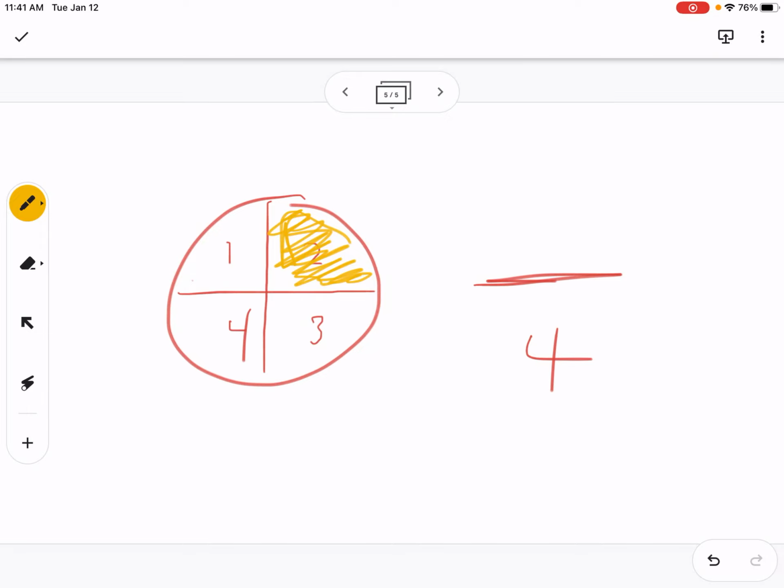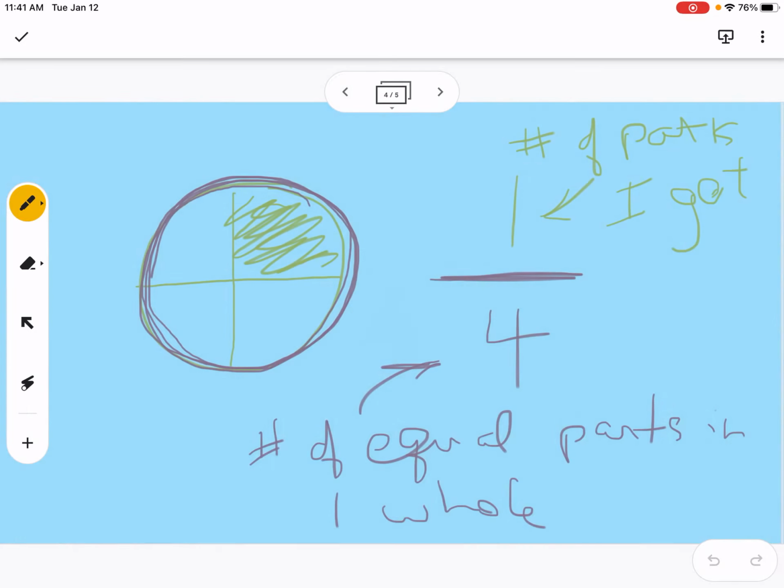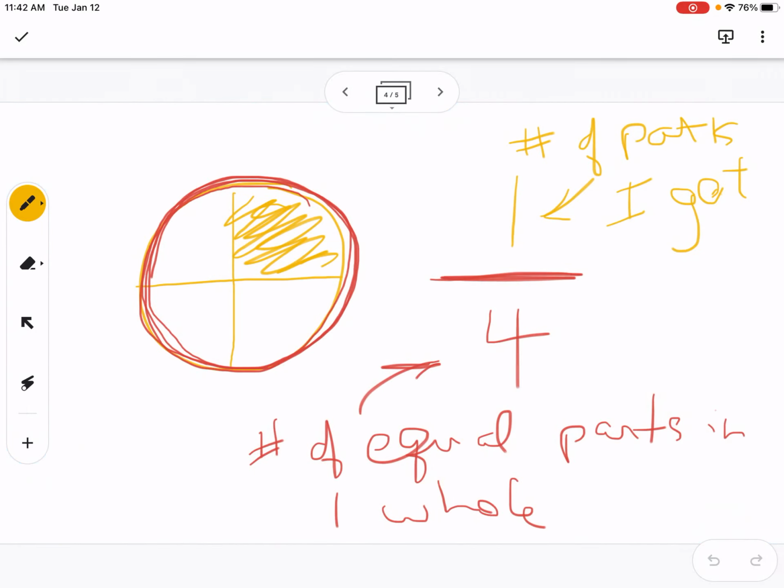Now, on the previous slide, I asked the question, how much of the pizza, or in other words, what fraction of the whole pizza did I get? And the answer was I got 1/4 of the pizza. Bottom number 4, because there's 4 parts to make the whole pizza. Top number 1, because I only got 1 out of those 4.